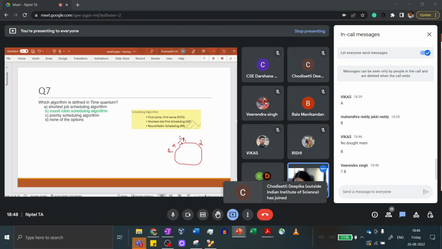Now you start executing them in this order. That's where the term round robin comes from. And how you execute is you give each of them a time share or a time slice, right? I think we will see the details in the next week, but this is how round robin works. This is what the question refers to as a time quantum.